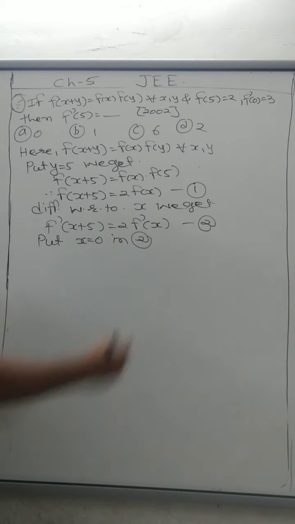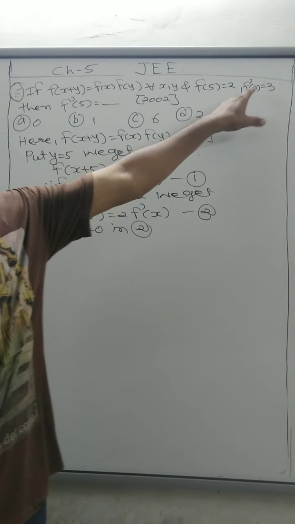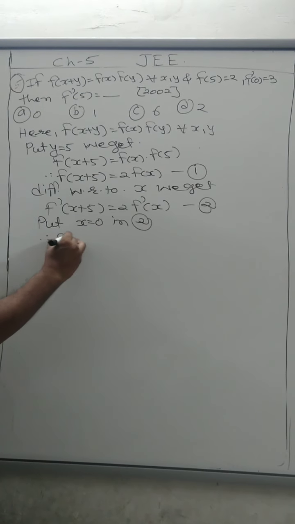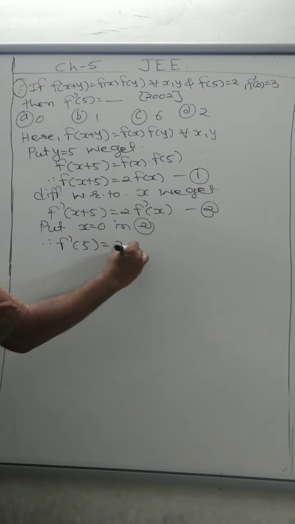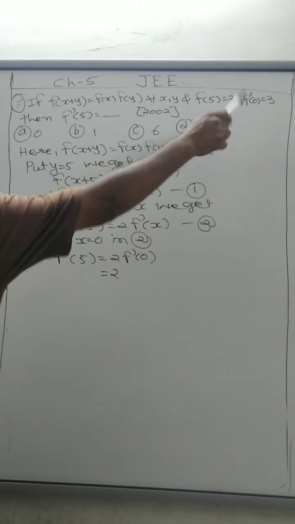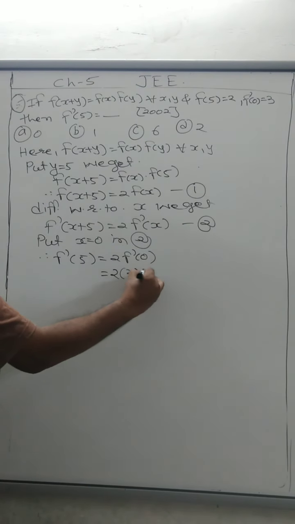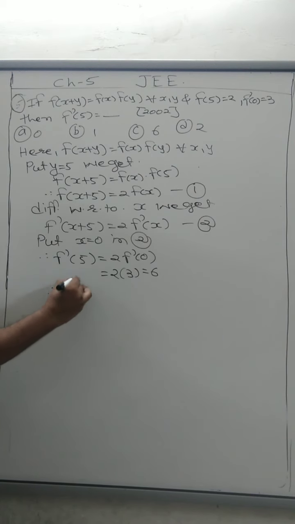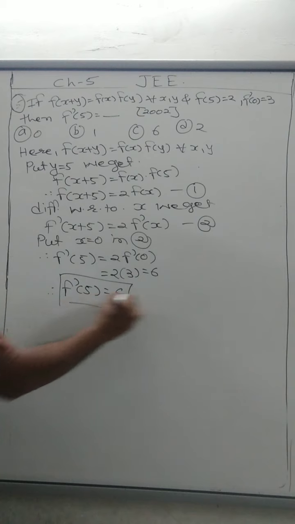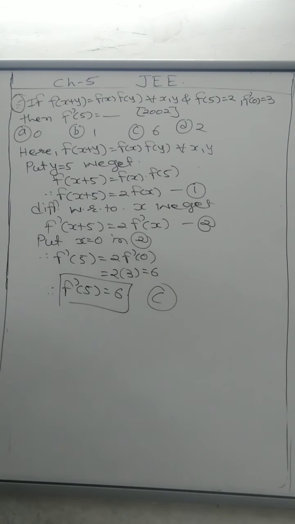Why? Because f dash 0 is given, so we put here x equal to 0. We get f dash 5 is equal to 2 f dash 0. Now 2 f dash 0 is what? 2 into 3, so it is 6. Therefore, we can say that f dash 5 is equal to 6. So C is the answer. This way we can find the value of f dash 5.